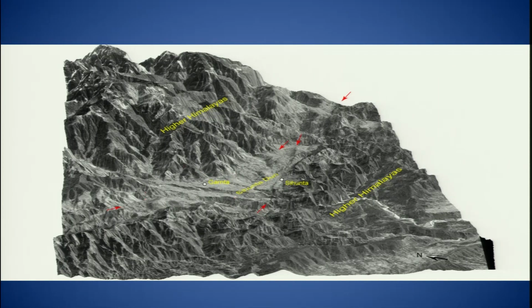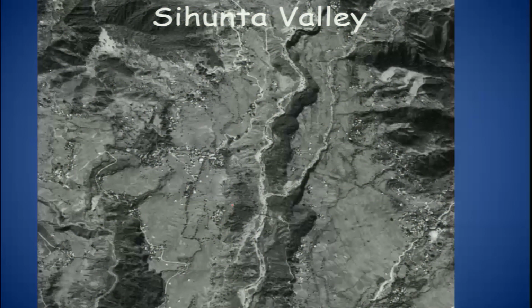Now we are able to see in the 2D image. The 2D image was also quite good, which showed a very straight and sharp feature on the surface. Now this was not marked before. Even after the 1905 earthquake, until 2005 this was not marked. Okay.